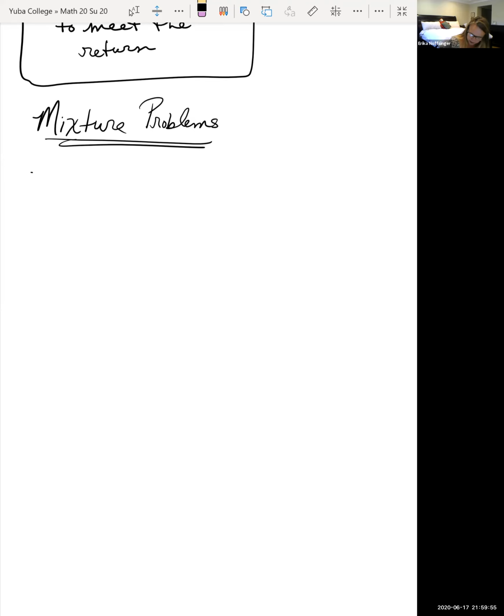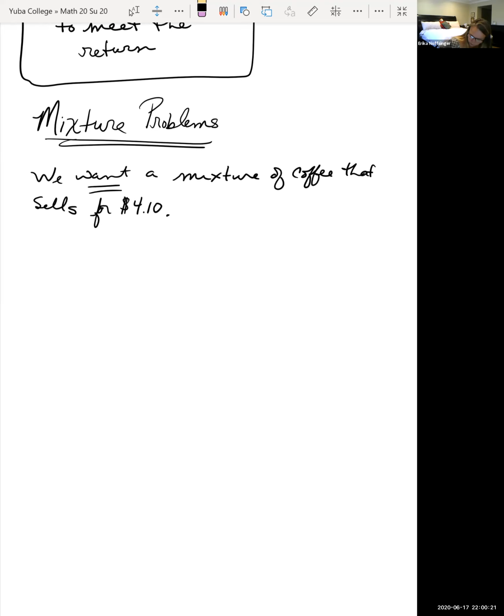So we want a mixture of coffee that sells for $4.10. And we have two coffee blends we're using.